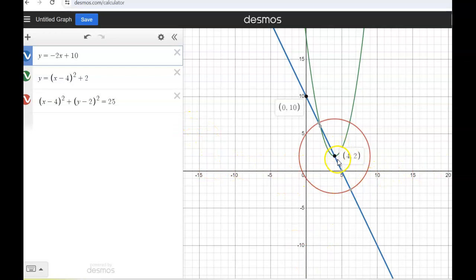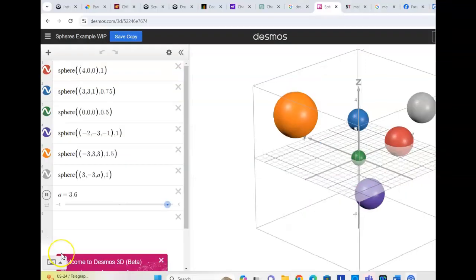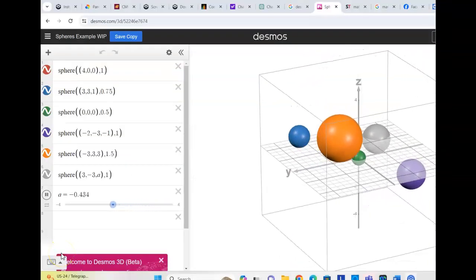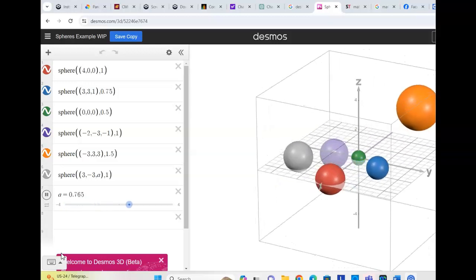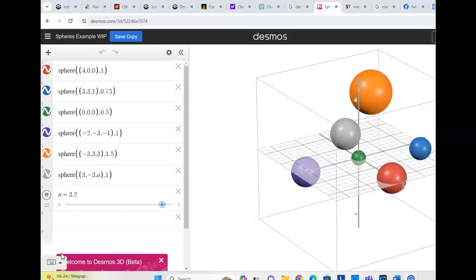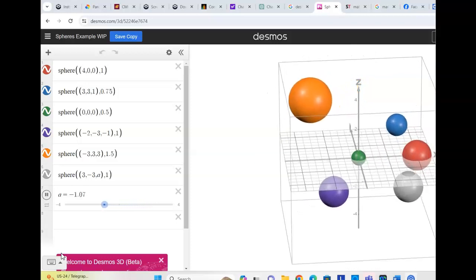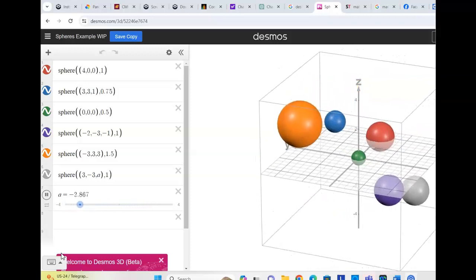And we can determine, again, intersection points and things of that nature. So by using Desmos, students are able to identify how to graph different types of equations and functions.